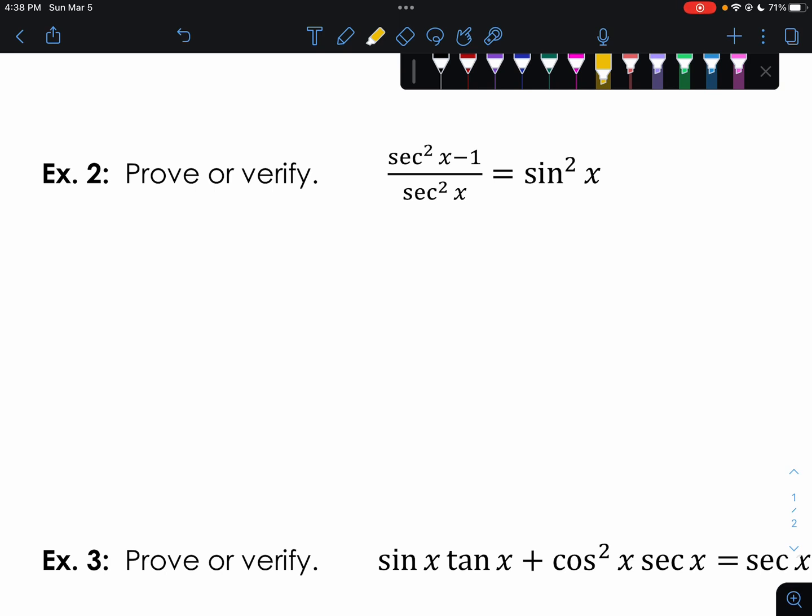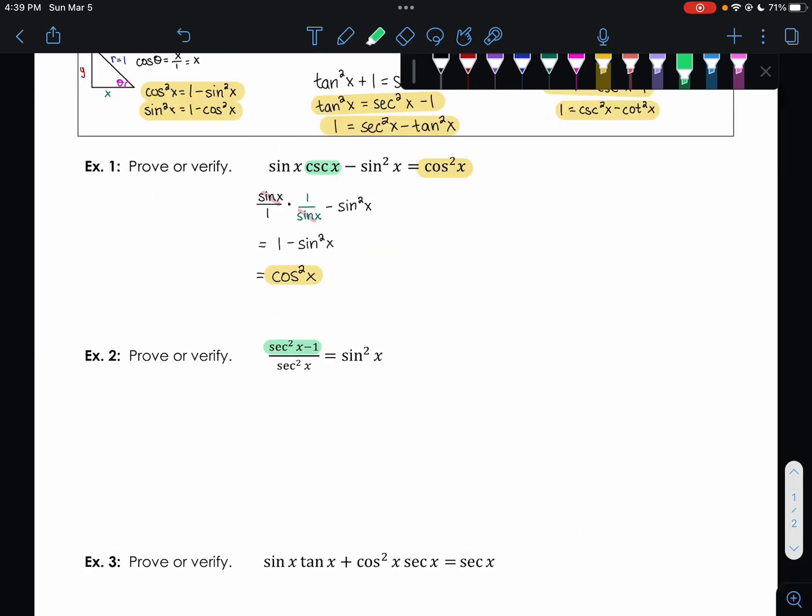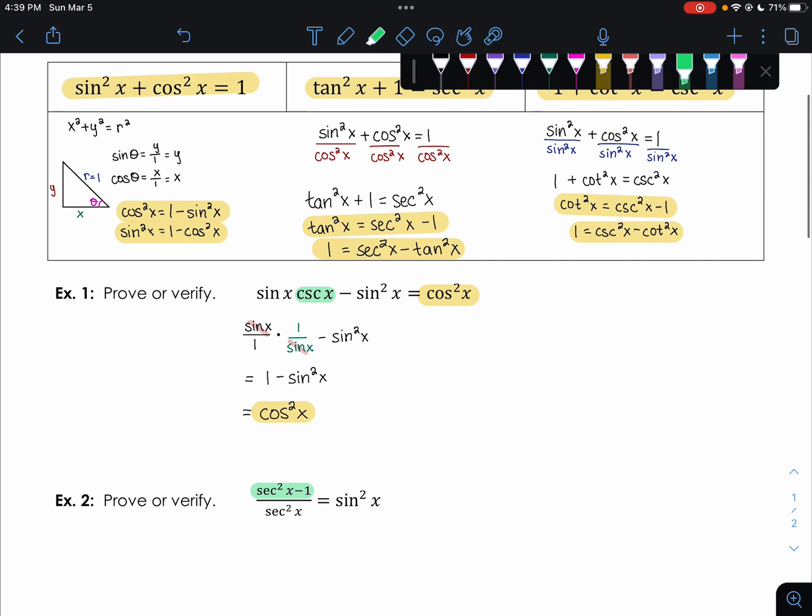Okay? Moving on to the next one, we want to prove or verify that secant squared x minus 1 divided by secant squared x is equal to sine squared x. Okay? So again, writing everything in terms of sine and cosine is usually very helpful. But right here, we need to double check, is secant squared x minus 1 an identity? So we go up to our identities that had secant.